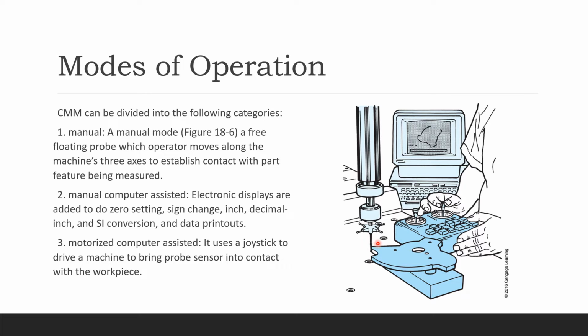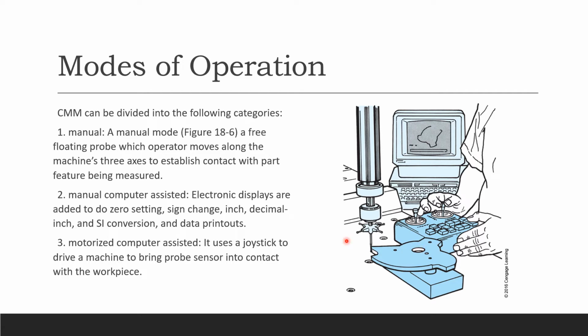We call this little thing at the end of the machine a probe, which the operator moves along the machine's 3 axes to establish contact with the part being measured.